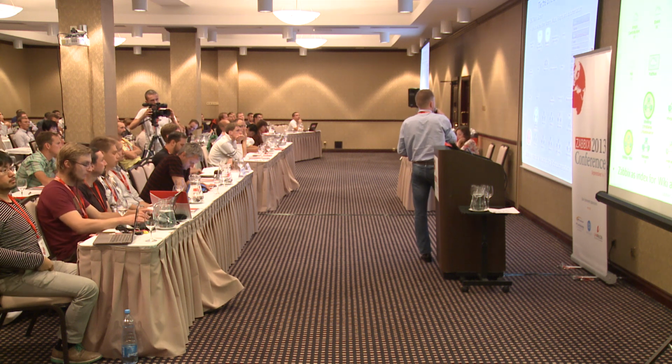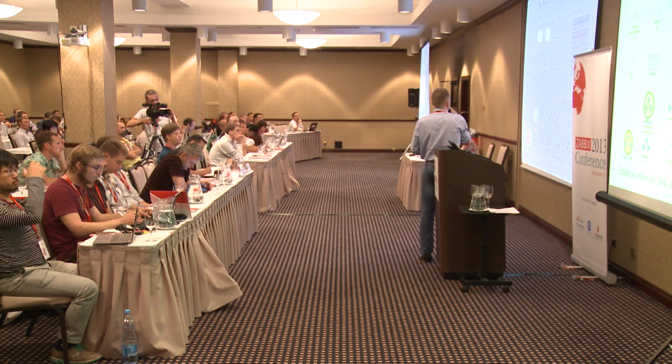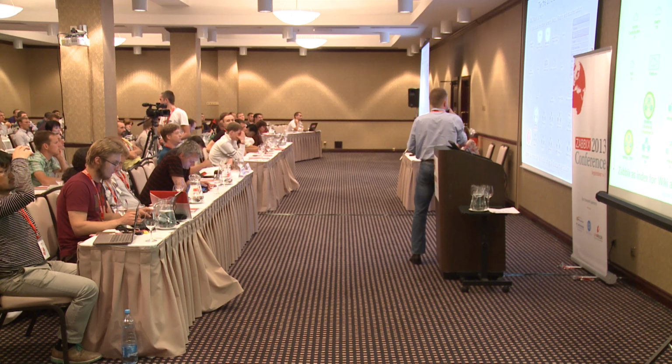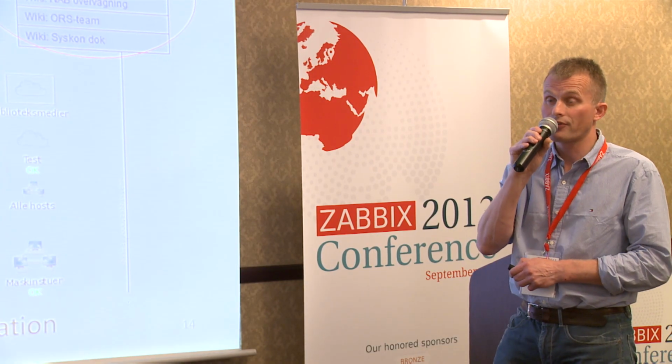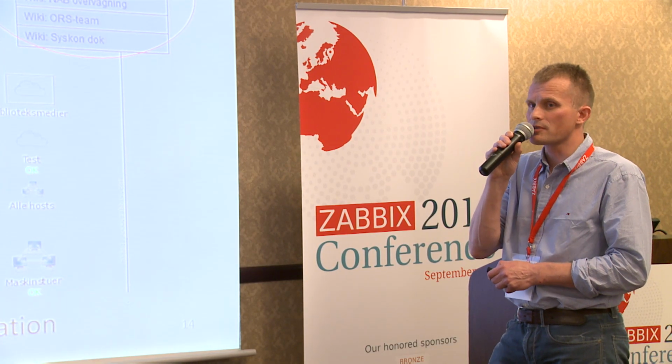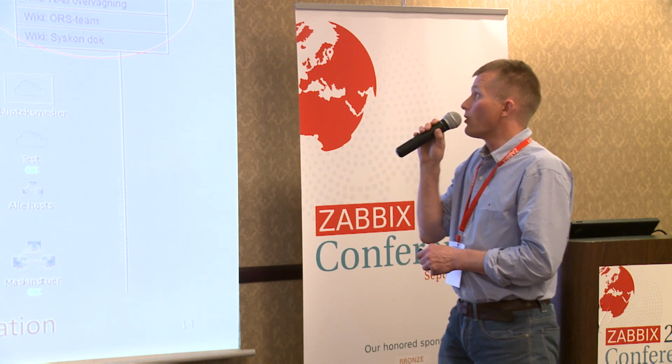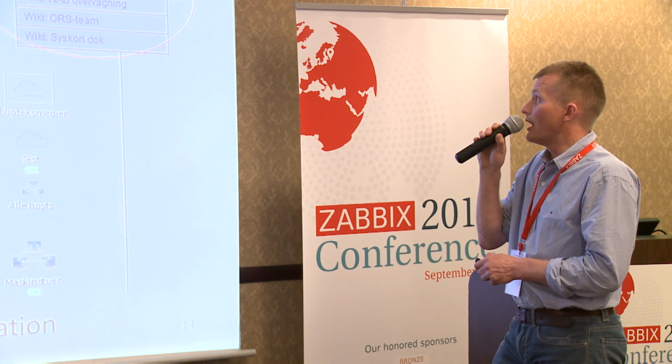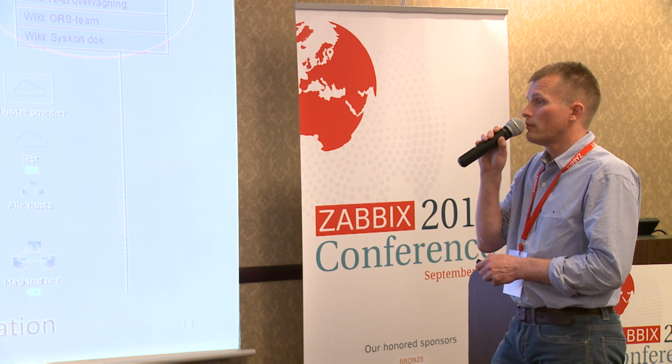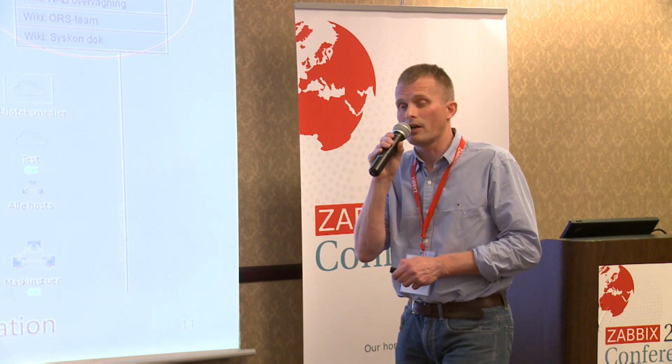We have a wiki. If I have made some graphs or some subsystem screens, I also put them in here, because a lot of the time I didn't remember myself. I was running around in the menus.